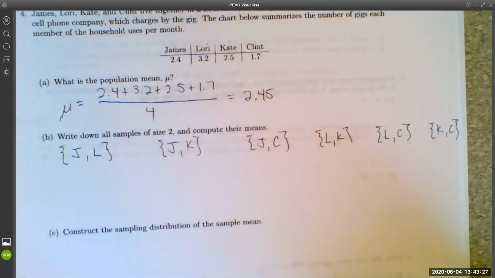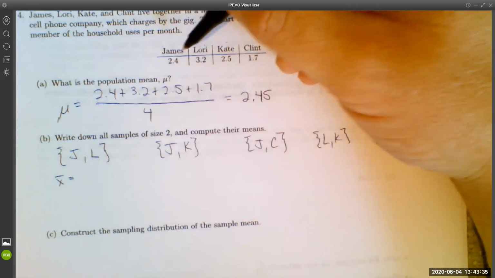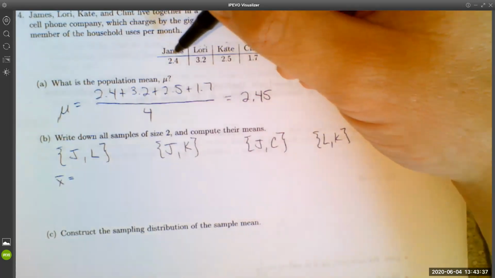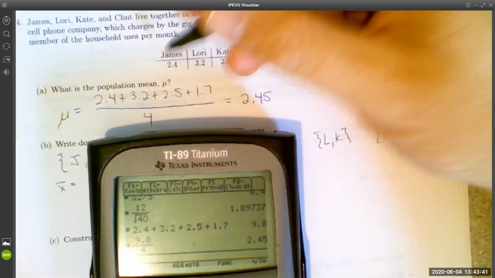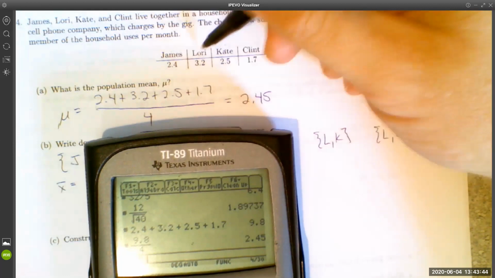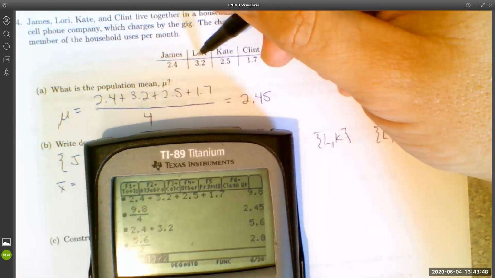Now let's compute their sample means, okay? So for James and Lori, I'm not going to show all the work because I don't have enough space to do that. I'm just going to use my calculator. But for James and Lori, the sample mean is going to be 2.4 plus 3.2 divided by 2. All right, so 2.8.